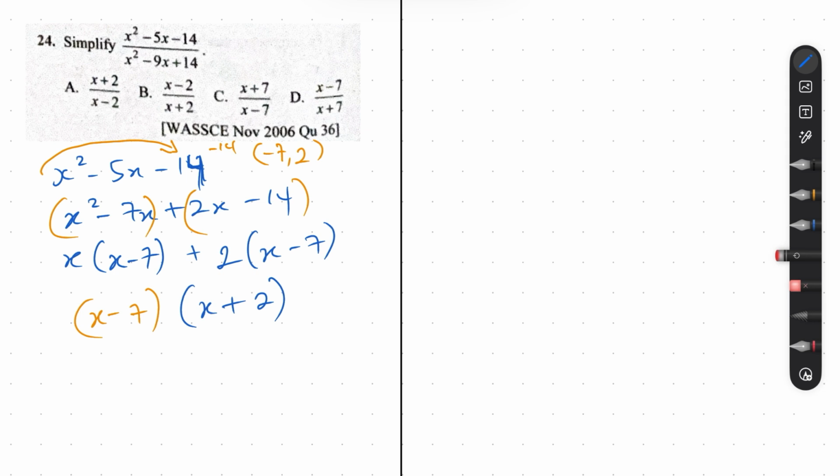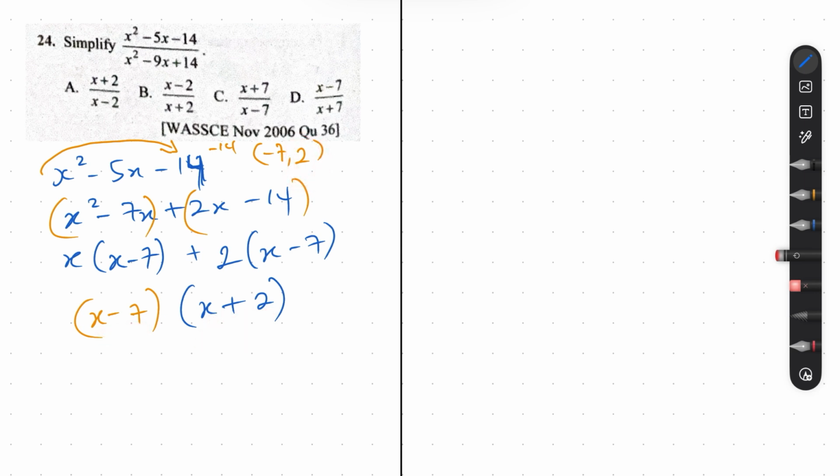But before we go on to the denominator, let me show you a trick. If we have the coefficient of x squared to be 1, things become easy, because we can just use our factors to get our solution simply. When you look here, you have x minus 7, you just put x, then you add one of the factors, which is minus 7, and then in the other bracket you have x plus 2, which is the other factor.